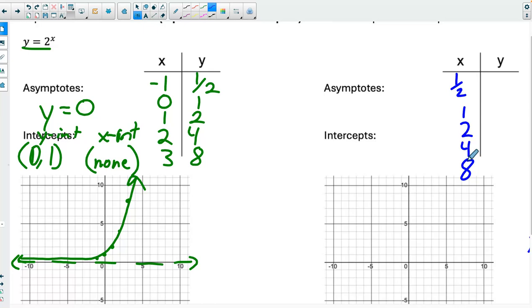And then I'm going to have -1, 0, 1, 2, 3. Our asymptote. We flipped our x and y, so what do you think our asymptote is going to be now? Yeah, it's going to be x equals 0.